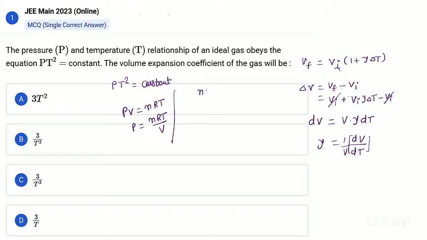So nRT upon V into T square will be constant. Now this nR is also a constant, so we can write T cube by V is equal to constant.